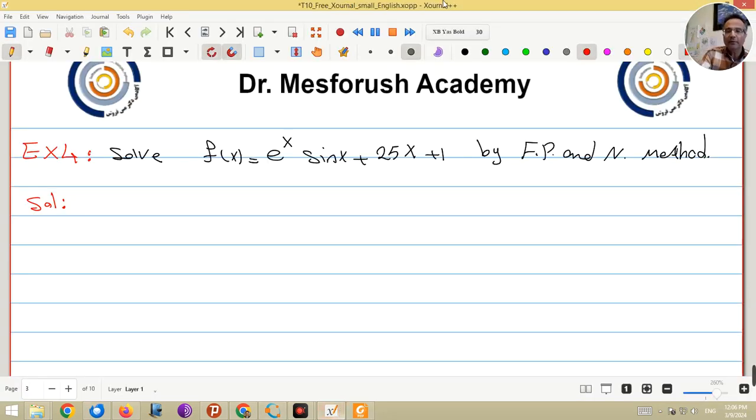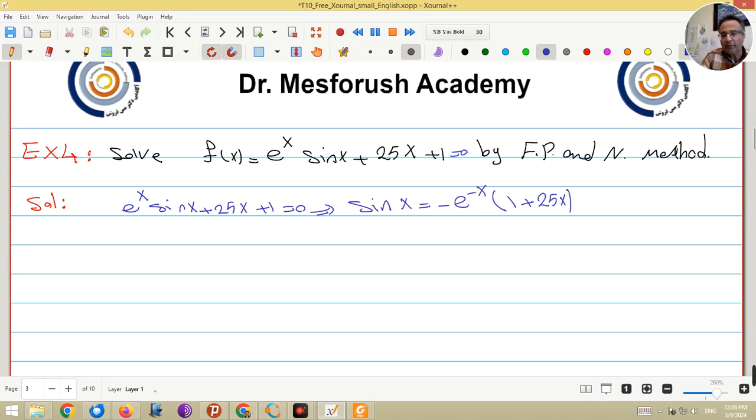Look at here, we have to write something like this: e to the power of x sine of x plus 25x plus 1 equal to 0, and this gives sine of x equal to minus e to the power of minus x times 1 plus 25x.